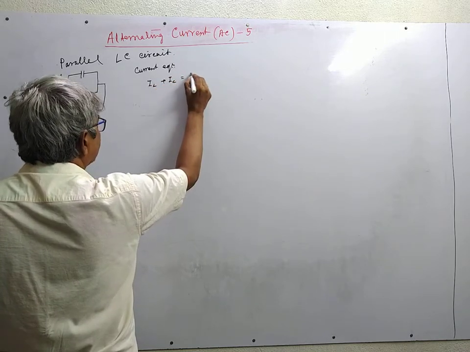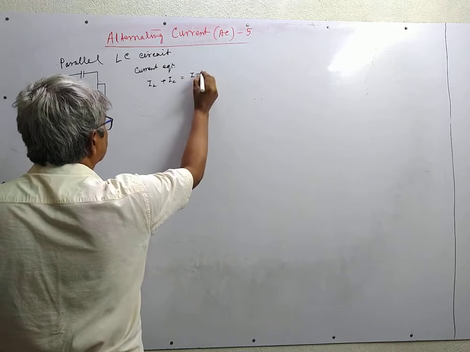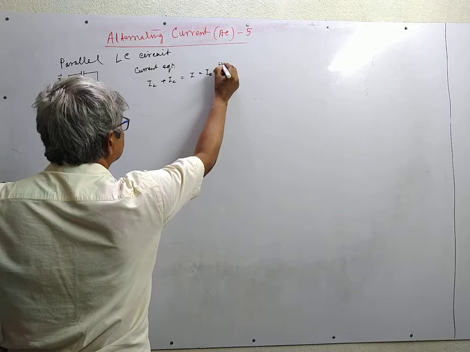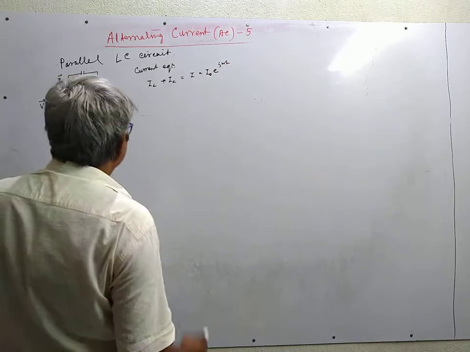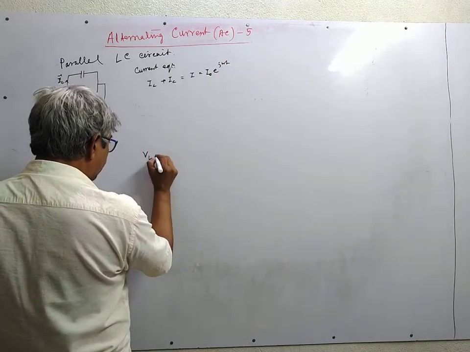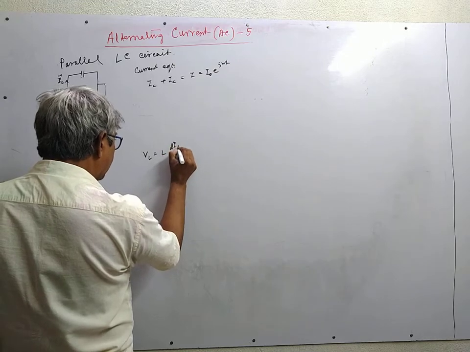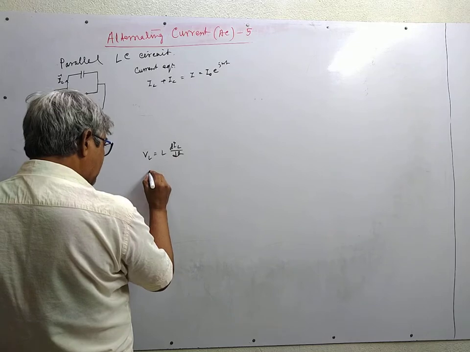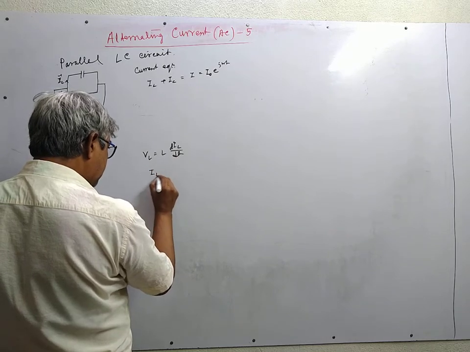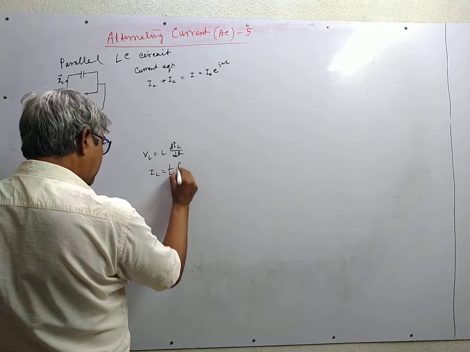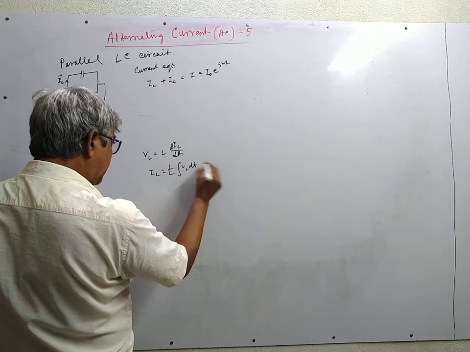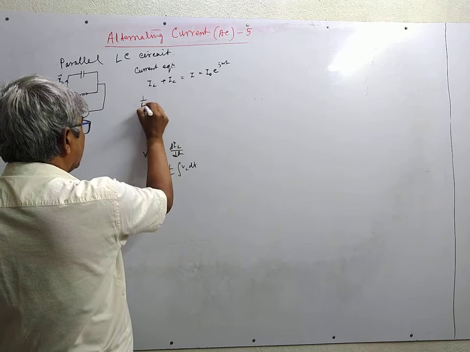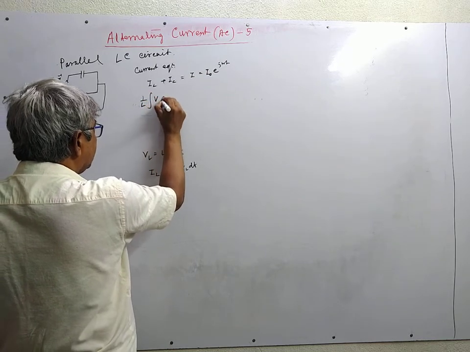we are adopting the differential equation formalism. For IL, we know that VL is equal to L dIL by dt. So IL can be written as 1 by L integral of V dt.